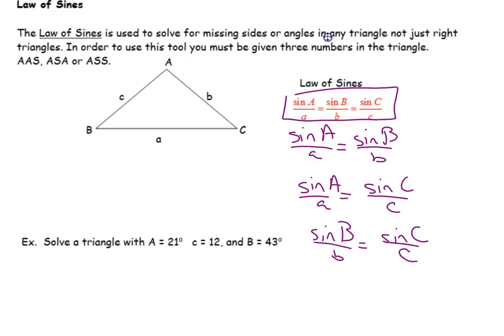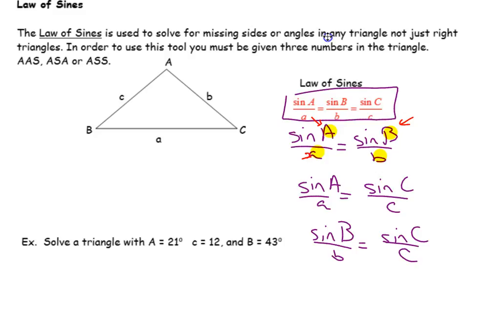Now if you think about this, whenever you look at this equation, say this first purple equation, I have 1, 2, 3, 4 different variables in this problem. I have 2 angles and 2 sides. Well again, for me to be able to find a missing variable, I have to be able to fill in for the other 3 variables. So, for example, I might have to know this angle A, this side a, and this angle B, right?